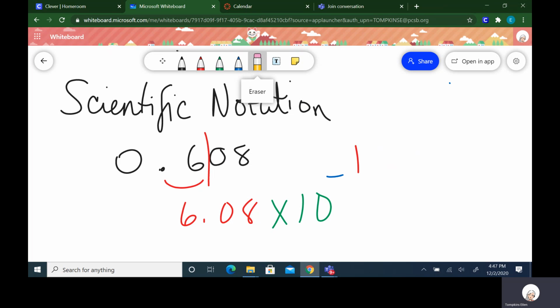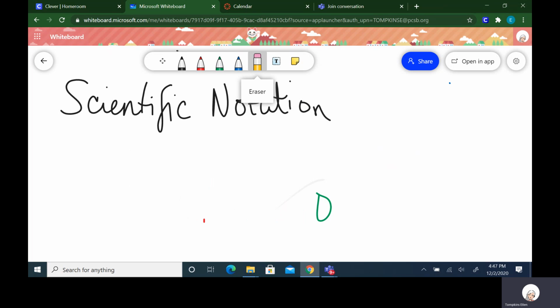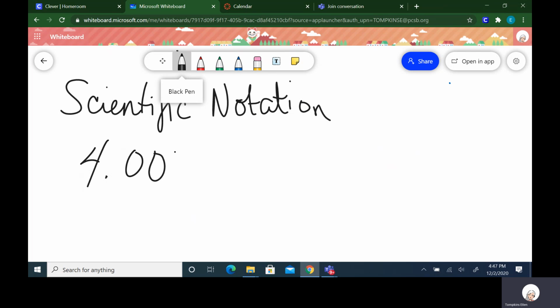Now, this is all well and good, but what if you were going from scientific notation? Well, we did standard to scientific notation. What if you start out with scientific notation? Let's look at that. 4.0027 times 10 to the negative 4. All right.